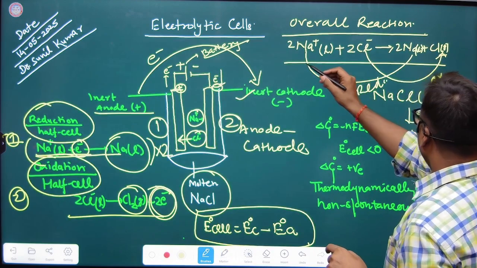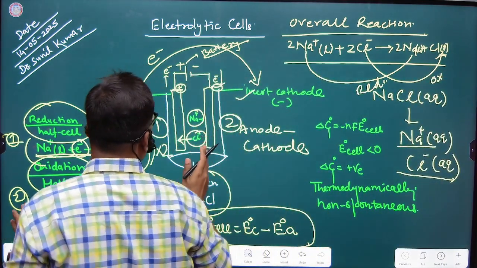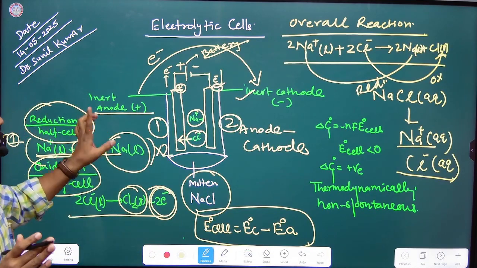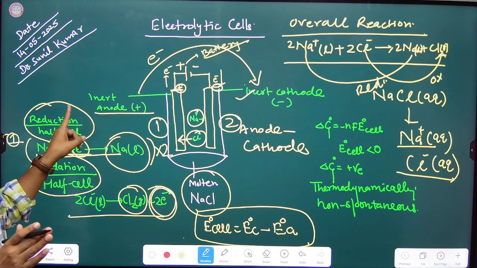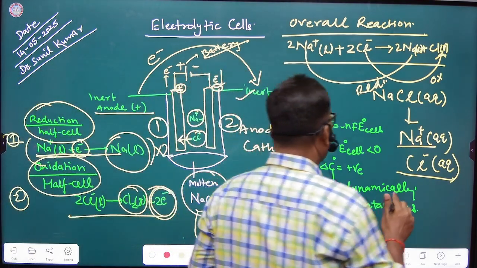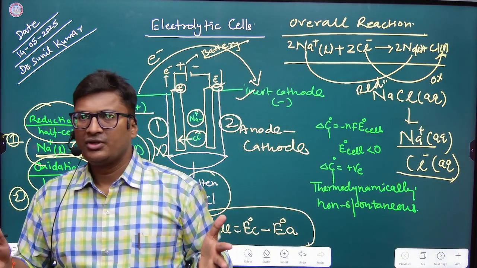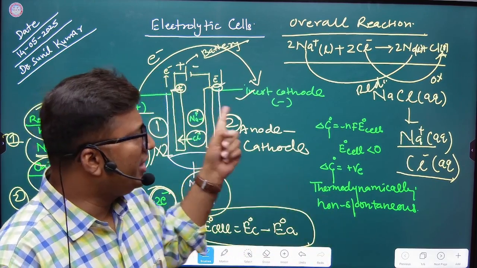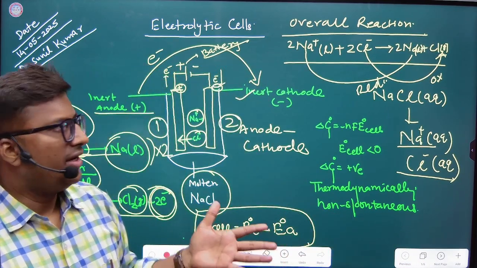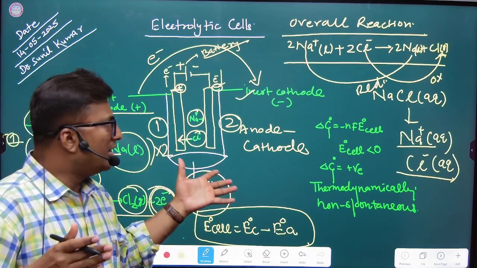So such types of reactions are carried out through the use of an external source of electricity in this particular kind of electrolytic electrochemical cell. Now what happens here? Because these reactions are not spontaneous, it is very difficult. So here I have used electricity to create non-spontaneous reactions.